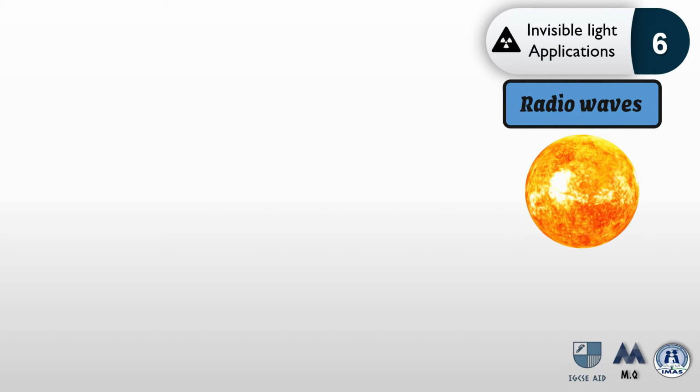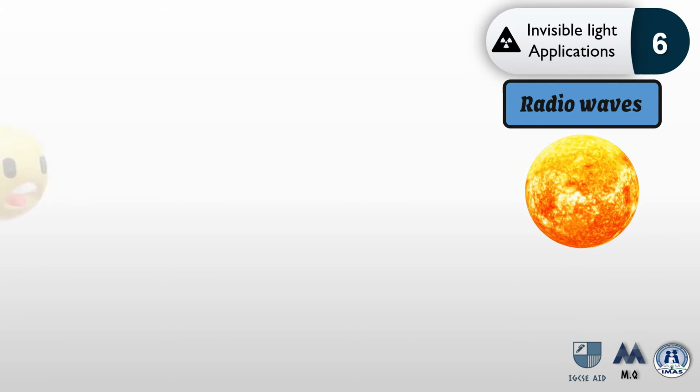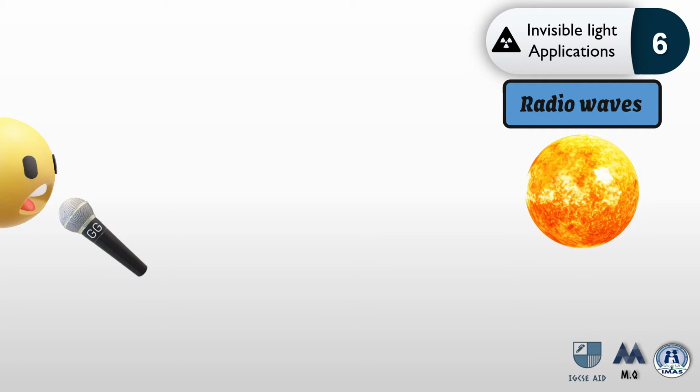Starting with radio waves. Stars are natural emitters of radio waves, but they can also be made artificially in labs. For example, if you have a person talking into a microphone, the microphone will convert the sound energy into electrical energy.